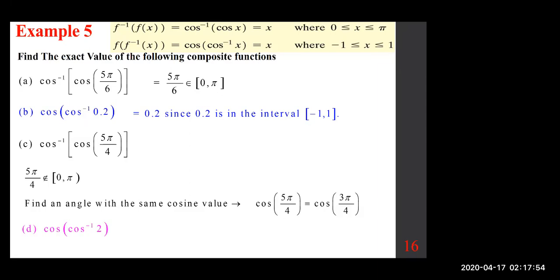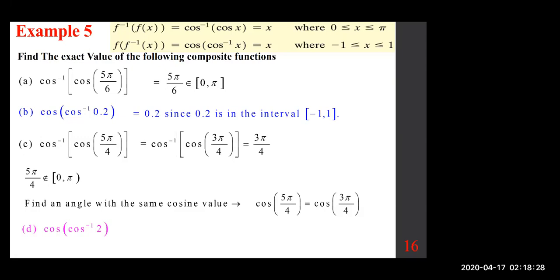I want to make sure everybody understands why this is the case. Okay. So we are looking at cosine of 5 pi over 4. Cosine is positive in the first and fourth quadrant, and it's negative in the second and third quadrant. This is the third quadrant, 5 pi over 4. Therefore, we want to go with the second quadrant, 3 pi over 4. And that's why we replace it with 3 pi over 4.